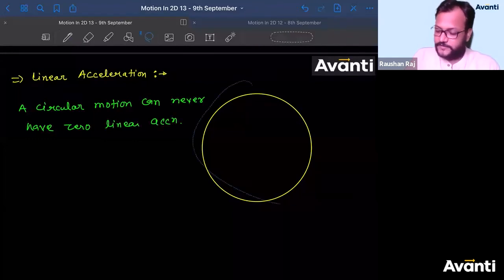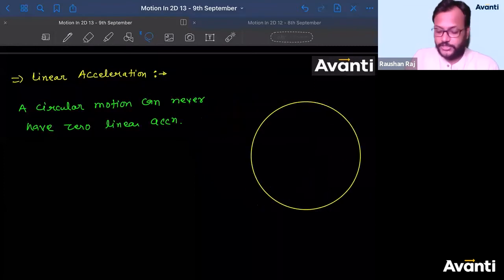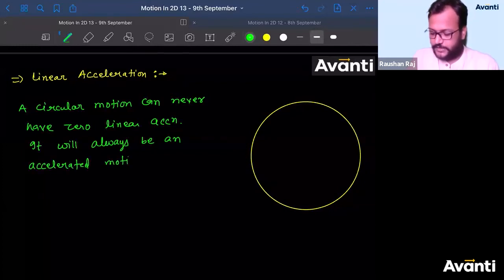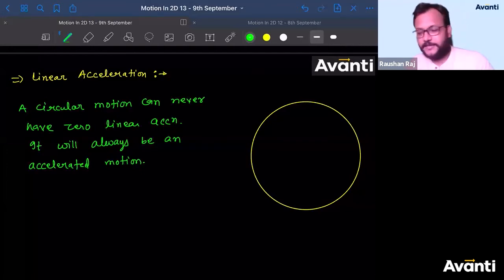It will always be an accelerated motion.